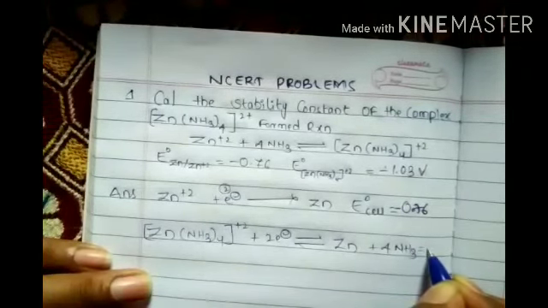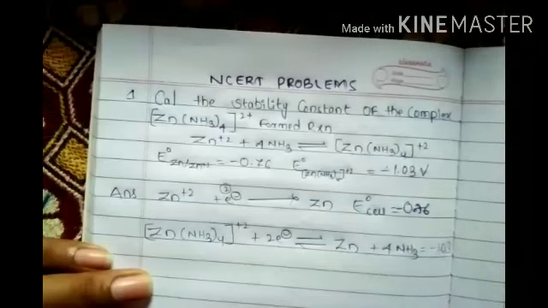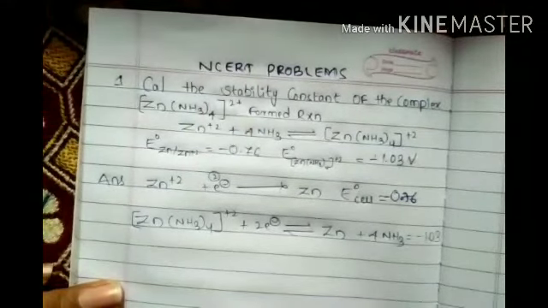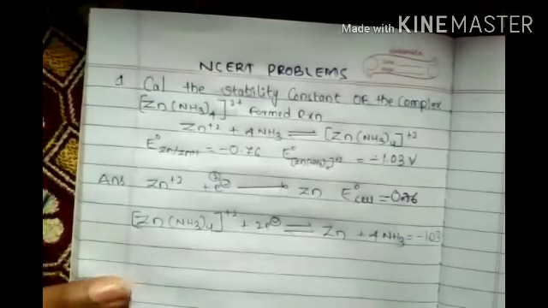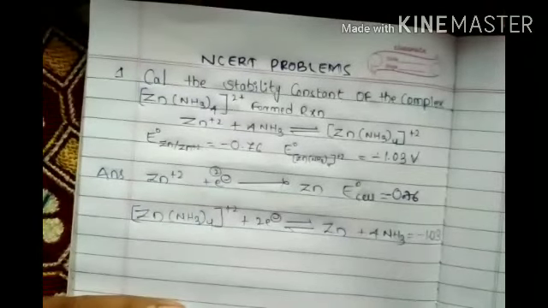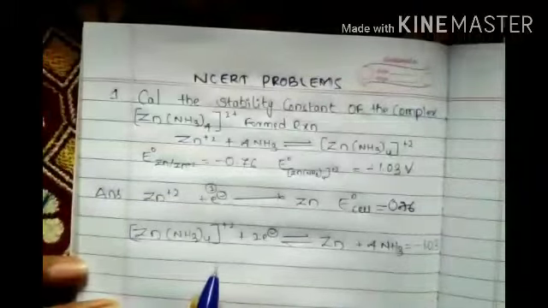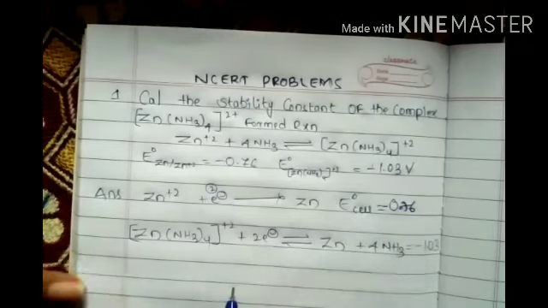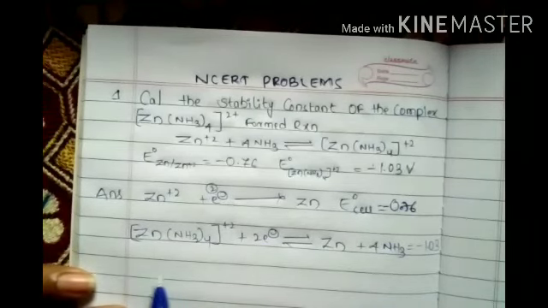How much have they given? They have given minus 1.03 volt. In the overall reaction, I have to write like this.